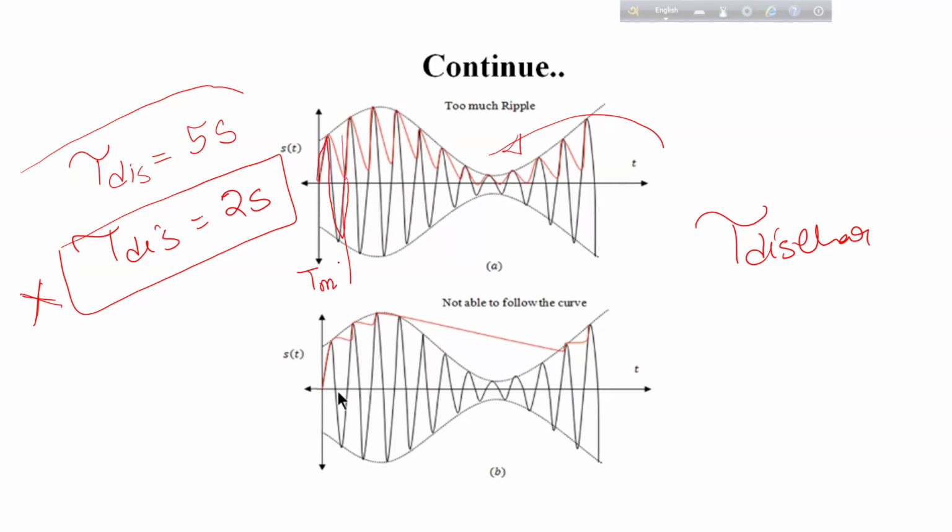Now, what is the frequency of the modulated wave? Fm. We know that Fm is equal to 1 by Tm. So this discharging time, tau discharging, should be higher than half Tm.